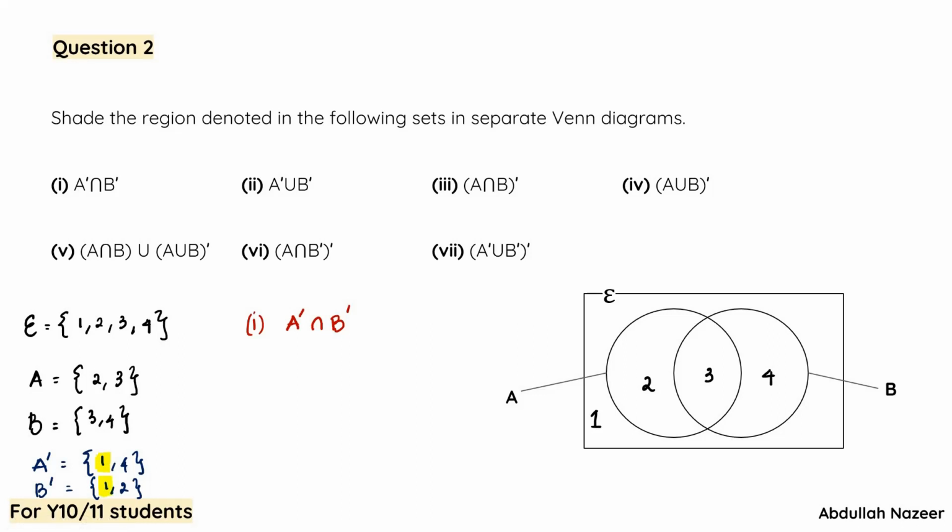So A complement intersection B complement is 1, because that's the only number common to both sets. Whatever region the number indicates is the region that belongs to that set. So the region that belongs to A complement intersection B complement is region 1, which is the outside region.